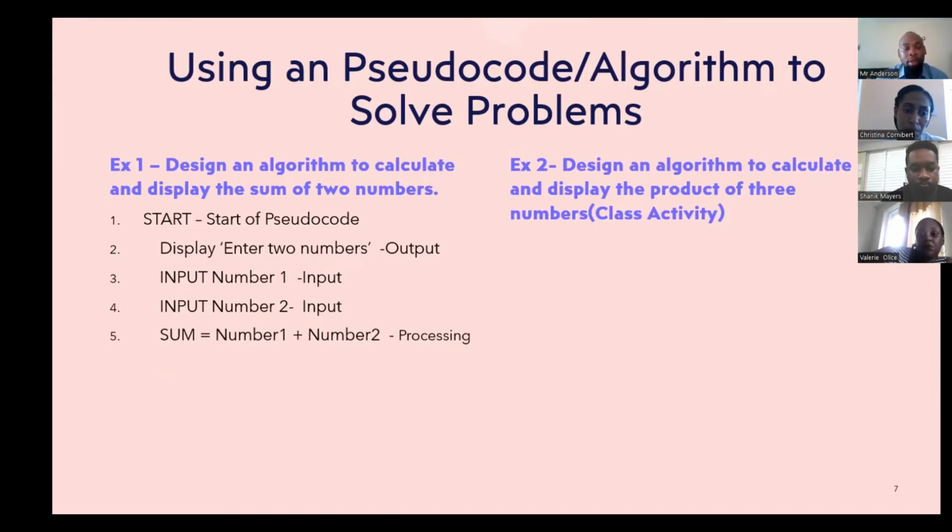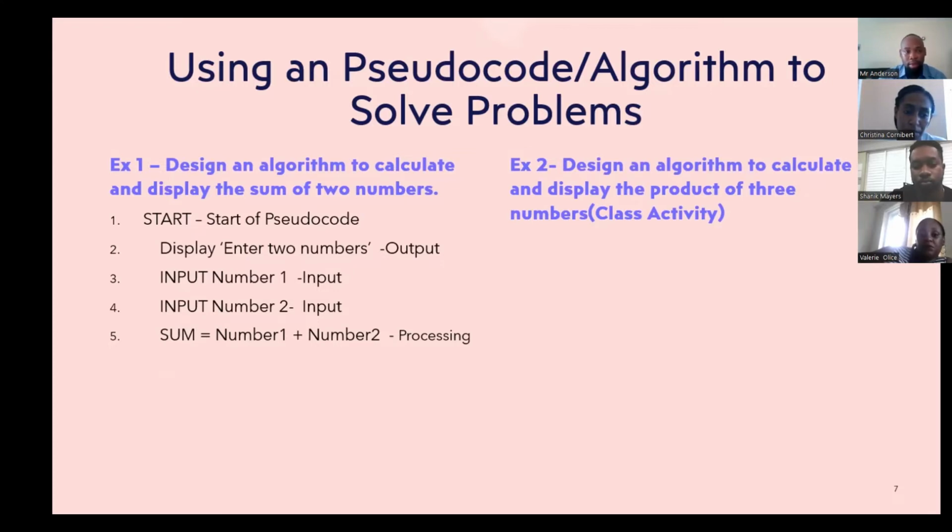After we figure out what inputs we need, we must then determine our processing. How are we going to process that data entered? We know the problem is asking us to find the sum of two numbers. So we must use a formula to find the sum of two numbers, and the operation we use is addition. So as you can see here, I have a formula. Sum is a variable.